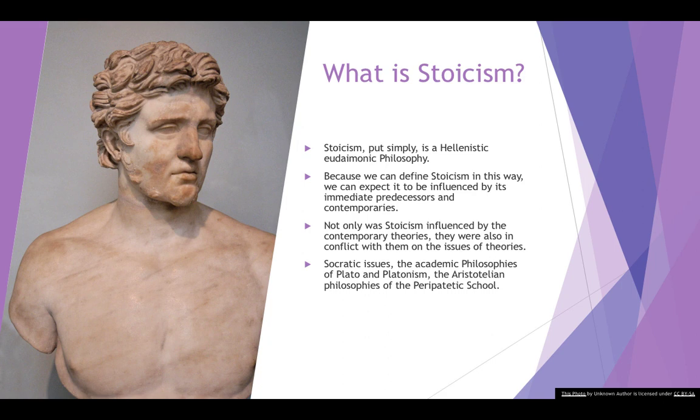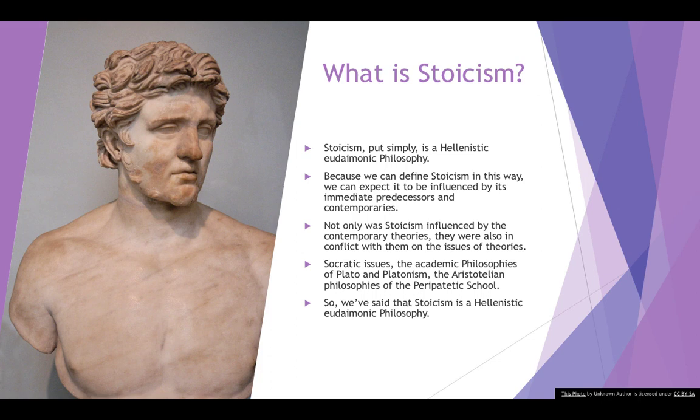So, for example, the Socratic issues, the academic philosophies of Plato and Platonism, the Aristotelian philosophies of the peripatetic school. It's very hard to pronounce some of these words. We're going to be finding that out quite a lot in this course. So these are the different kinds of people that were influenced by and were influencing the ideas behind Stoicism.